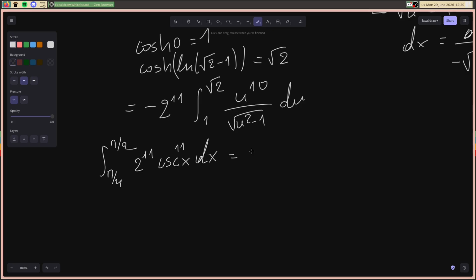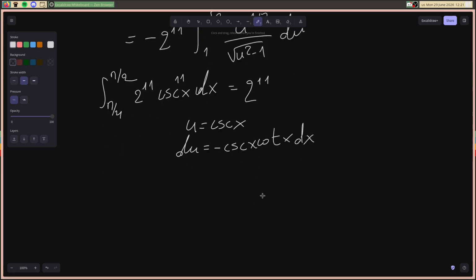So we first take the 2 to the 11th out, and then we do a trig sub, and we let u equal the cosecant of x. Then du is negative cosecant x cotangent x dx. Cotangent of x can be written using the identity that cosecant squared plus 1 equals cotangent squared plus 1.